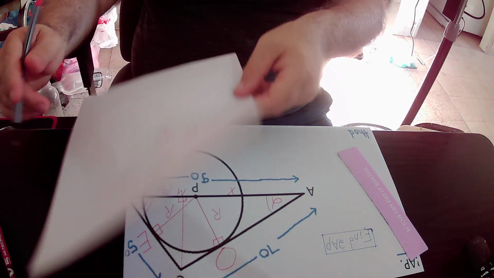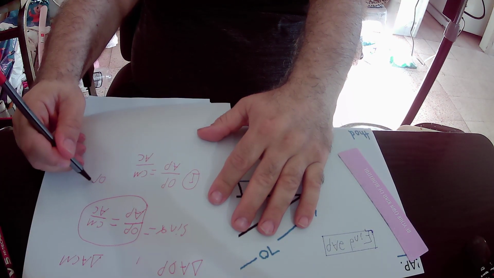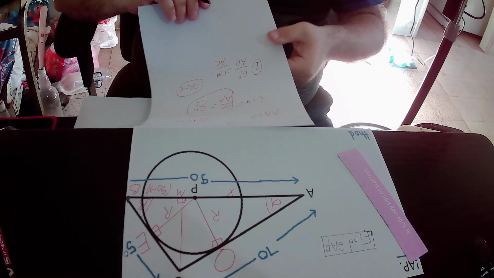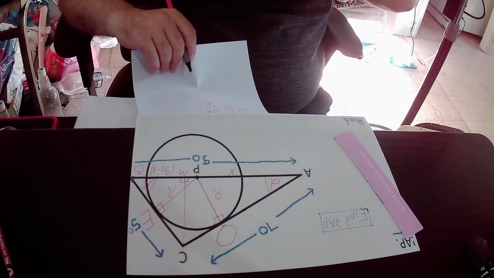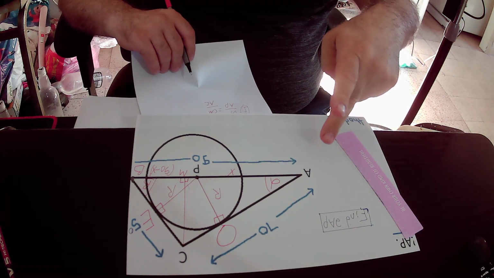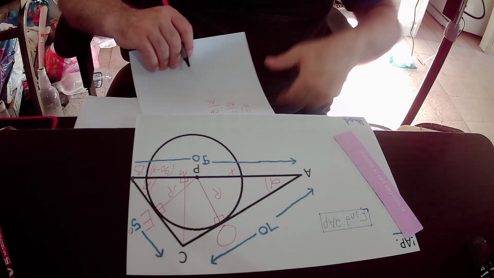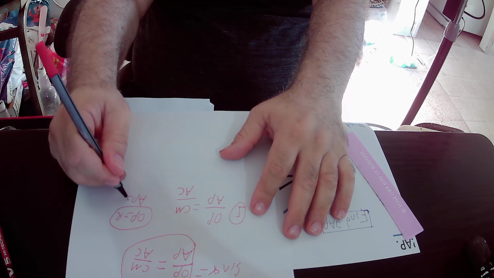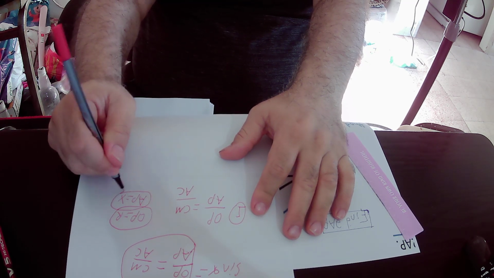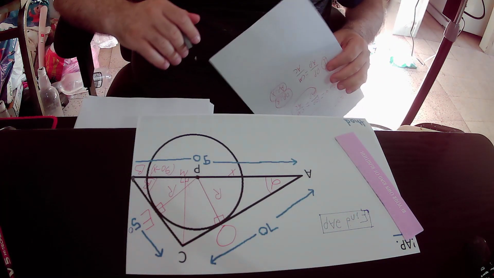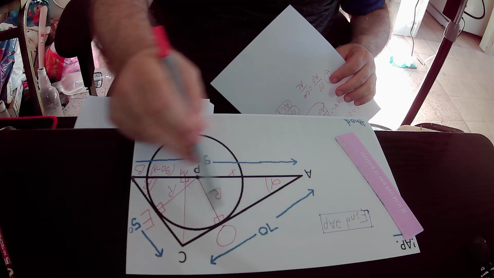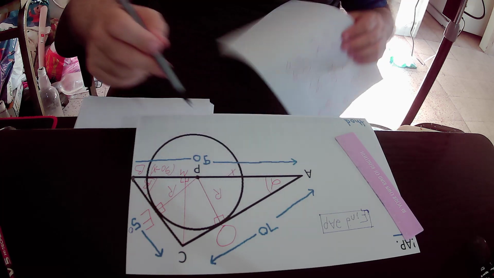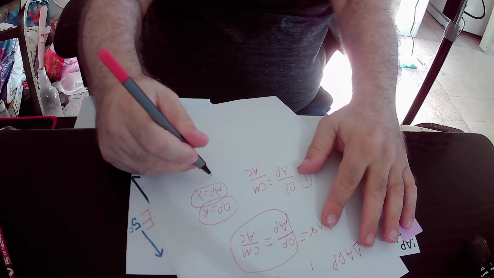OP is the radius of the circle, so I write down that OP equals R. Also, according to our definition, AP equals X. And it is given in the question that side AC of the triangle ABC equals 70 units, so we can write that AC equals 70 units.